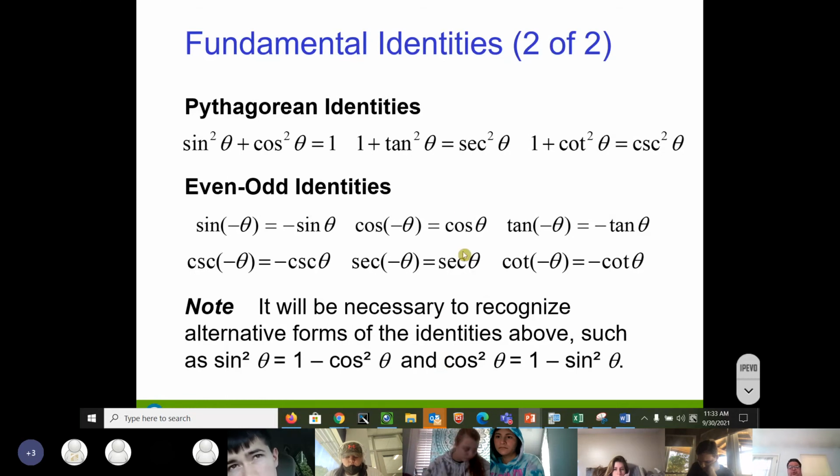I can tell you right now, you don't use these very much, but they might throw a homework problem in on you that has a negative in the wrong place, and you just write it like this. So you might want to write those down, or put them in the cheat sheet, but they are very seldom used. And make sure you can solve for these. Solve for the sine, solve for the cosine, solve for the tangent, solve for the cotangent. Make sure you can do that.